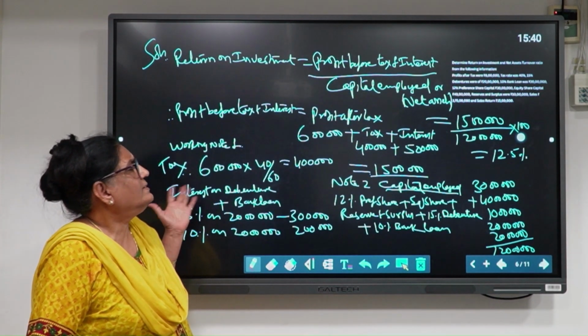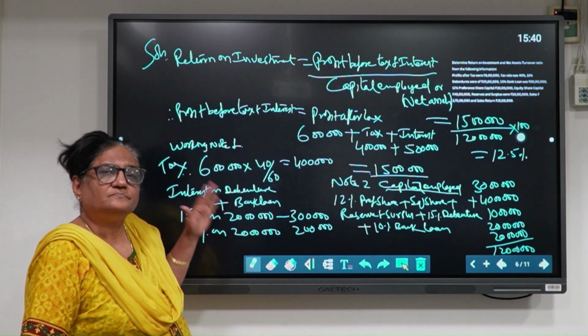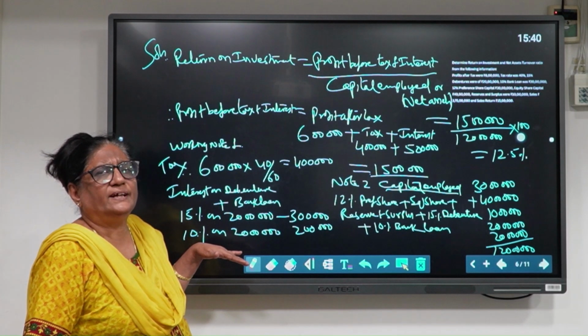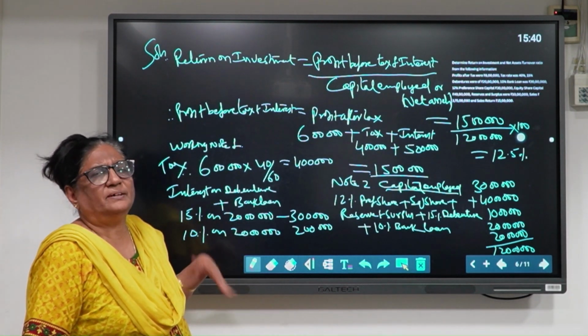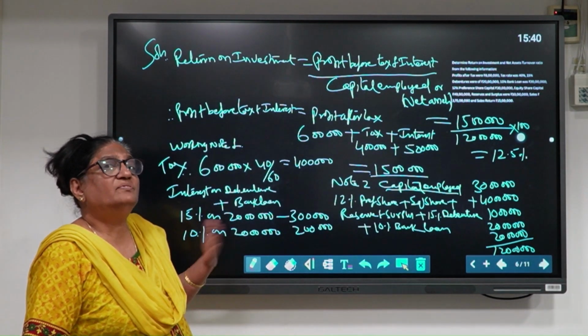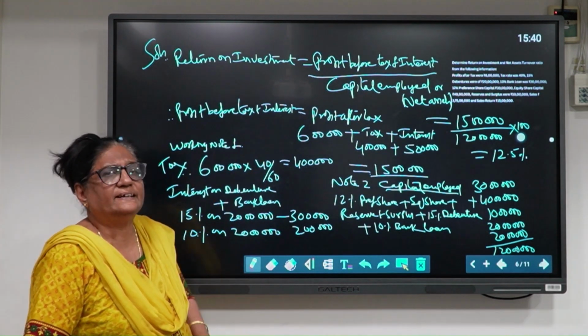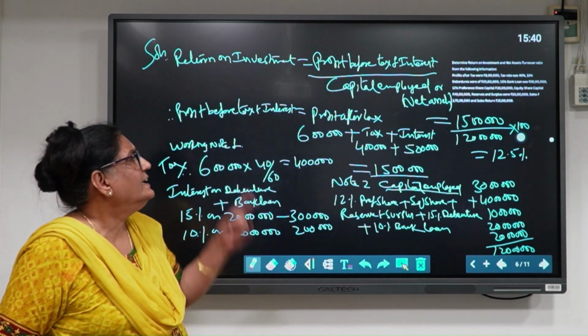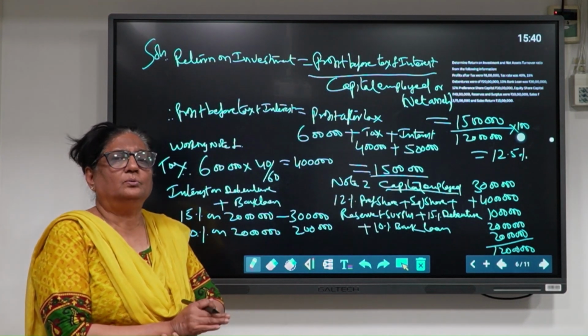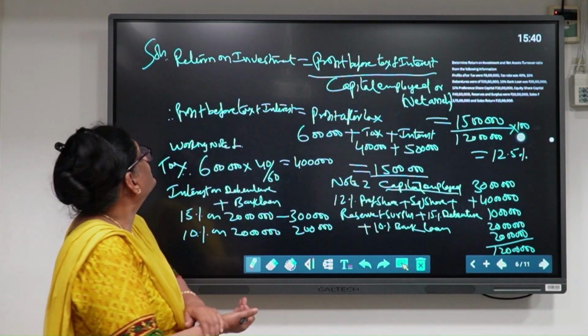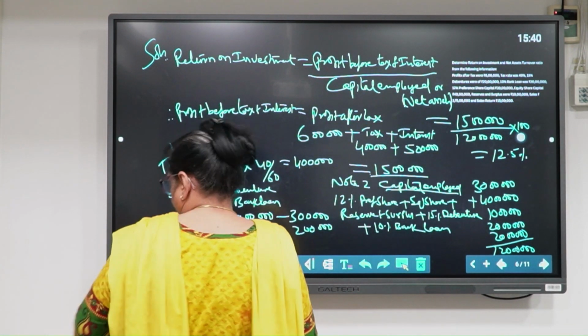If after tax is given, like 40, you have to take 40 by 60. If it is 25, 25 by 75. If before tax is given, it will be directly percentage divided by 100. Is the problem clear with you? So first was asked return on investment.